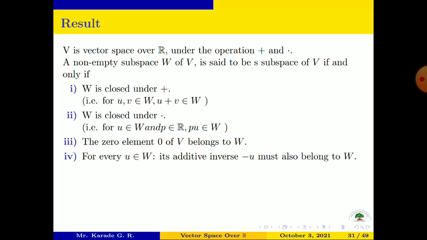For a subset of a vector space, if it satisfies these four conditions, then that non-empty subset we call a subspace of the vector space V.